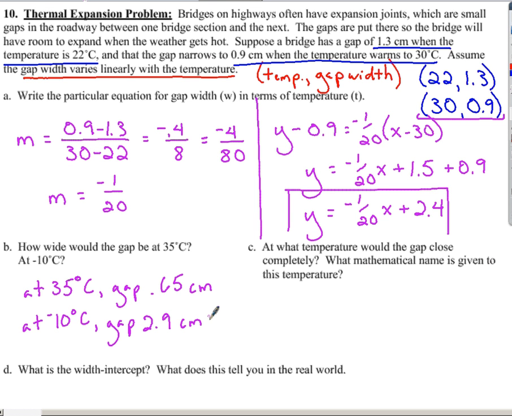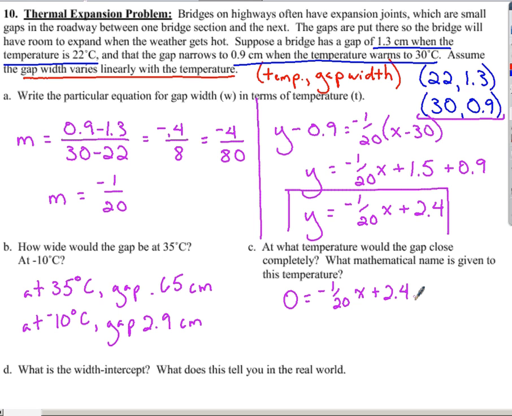The gap goes with the y stuff, right? So 0 would go in for y, right? That distance would have to be 0. 0 goes in for y. That's going to equal the rest of our equation here, negative 1/20 x plus 2.4.